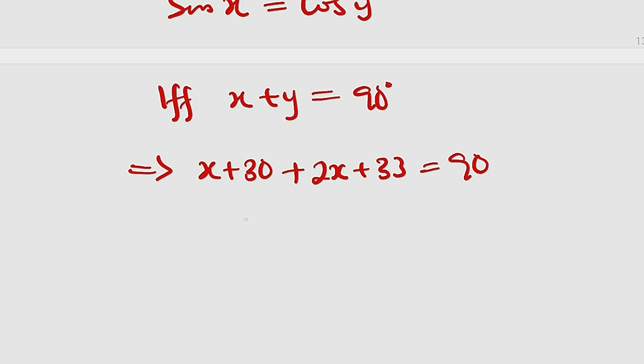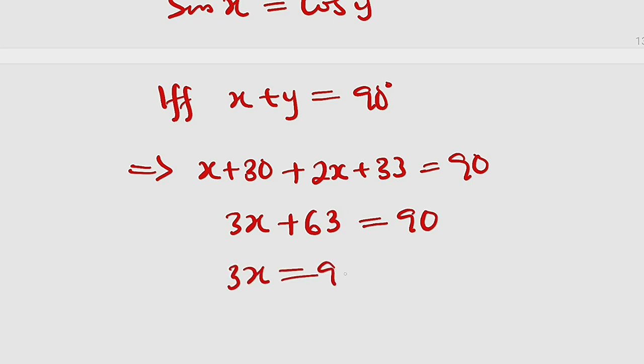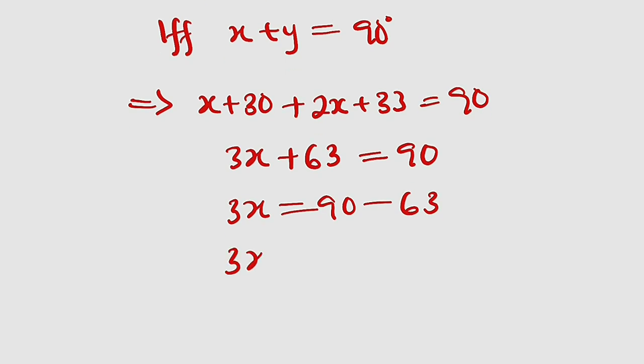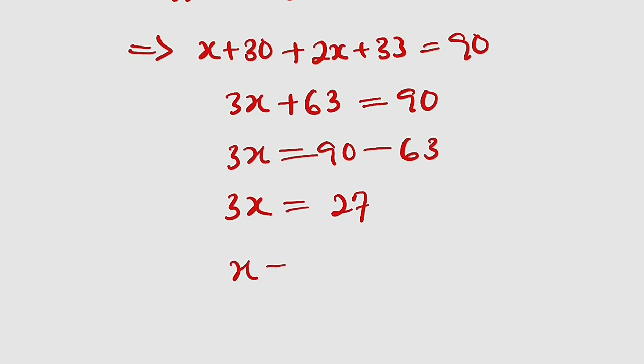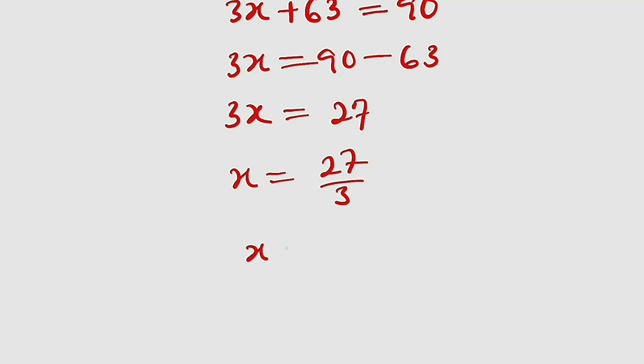X plus 2x, that is going to give us 3x, plus 30 plus 33, that is going to give us 63, and this is equal to 90 degrees. 3x equals 90 degrees minus 63 degrees, and 3x equals 27 degrees, and x is finally equal to 27 divided by 3, and once you divide, you're going to get 9 exactly. So the value of x is 9.